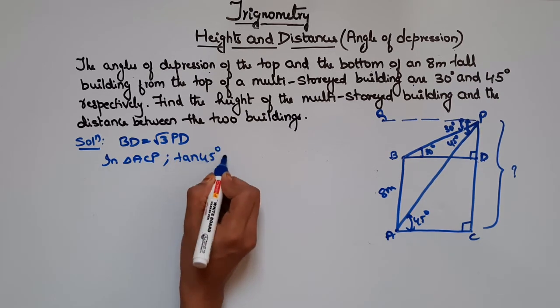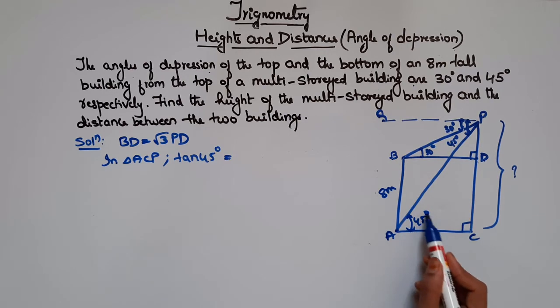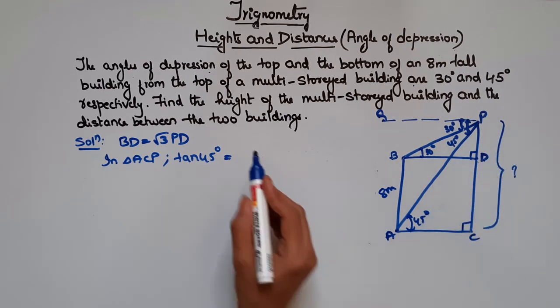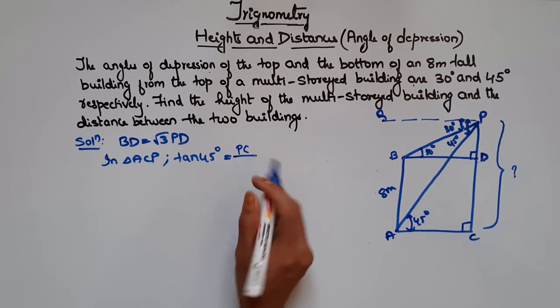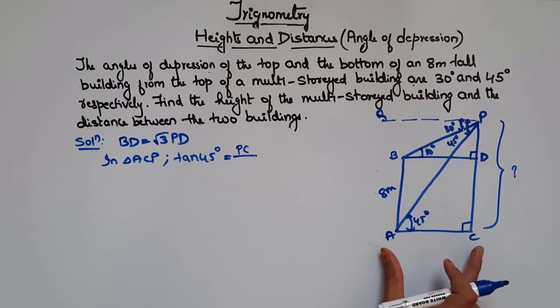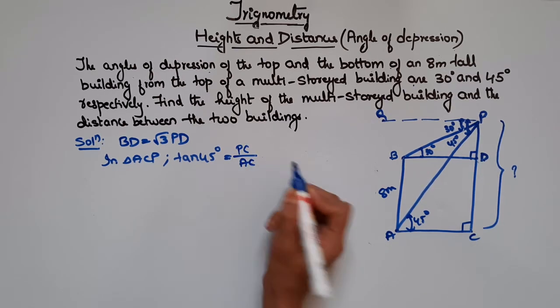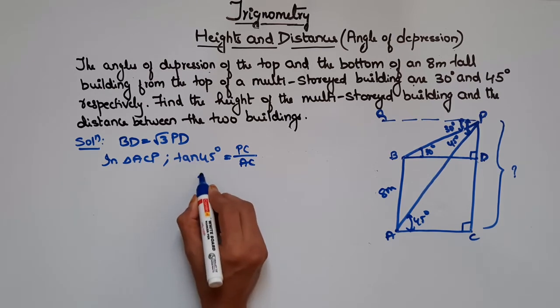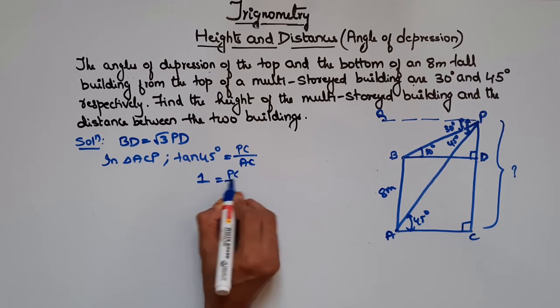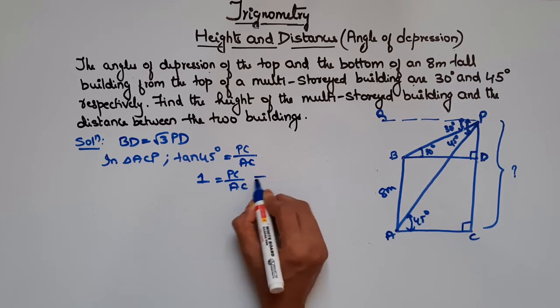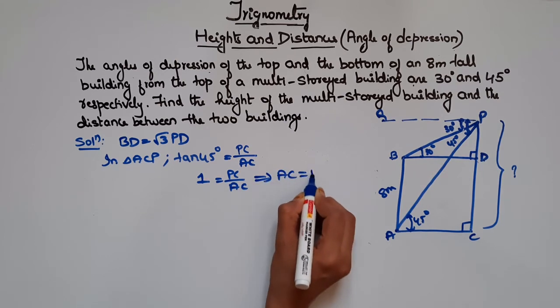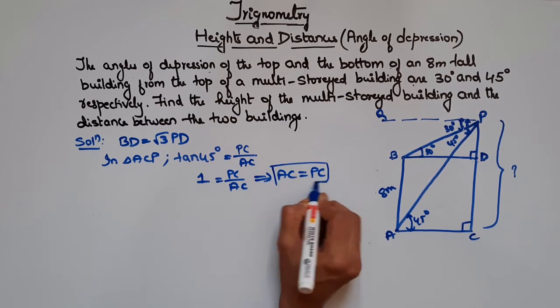Tan 45 degree is side opposite to this angle, PC, by adjacent here, AC. So tan 45 we know 1, which is equal to PC by AC. So this implies AC is equal to PC.